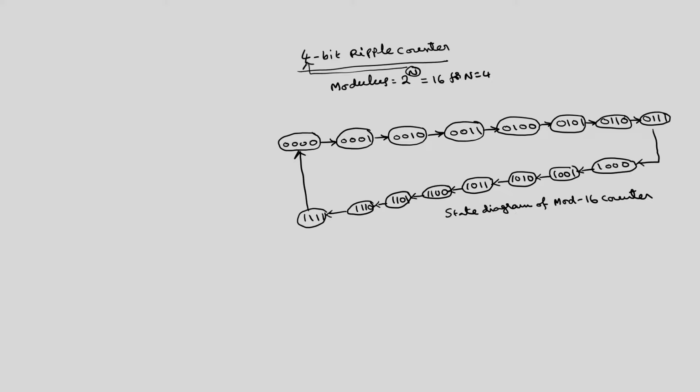Normally this ripple counter is realized using T flip flops. For each bit we require one T flip flop, so for a 4-bit ripple counter we require 4 T flip flops.